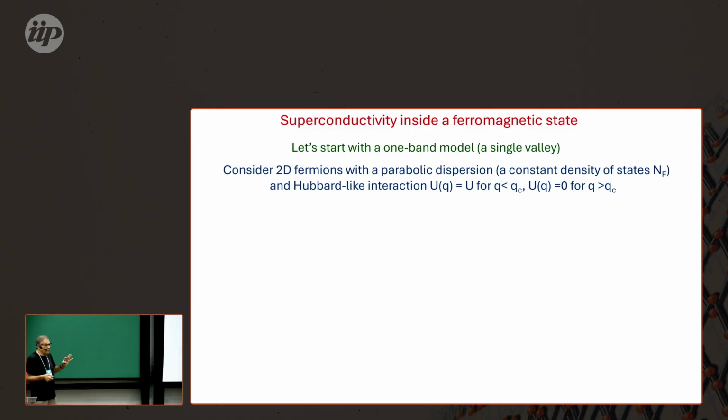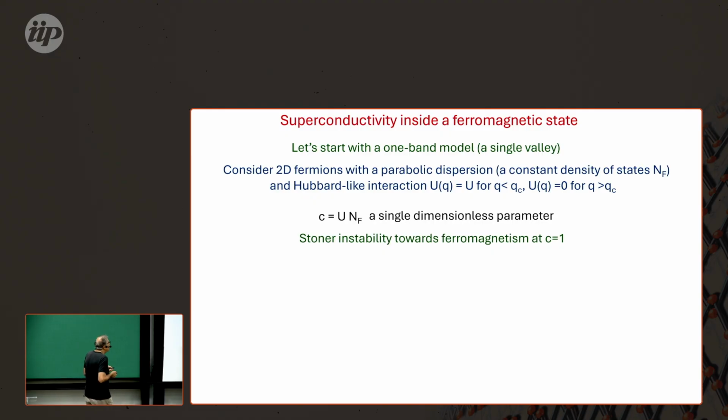And the first thing that is special to two dimensions is how ferromagnetism develops in this model. I will show you the results of what some call mean field, some call ladder approximation, but this is what happens if you do a standard Stoner theory of ferromagnetism. You find, of course, that there is a dimensionless parameter, which is the product of the interaction and the density of states.